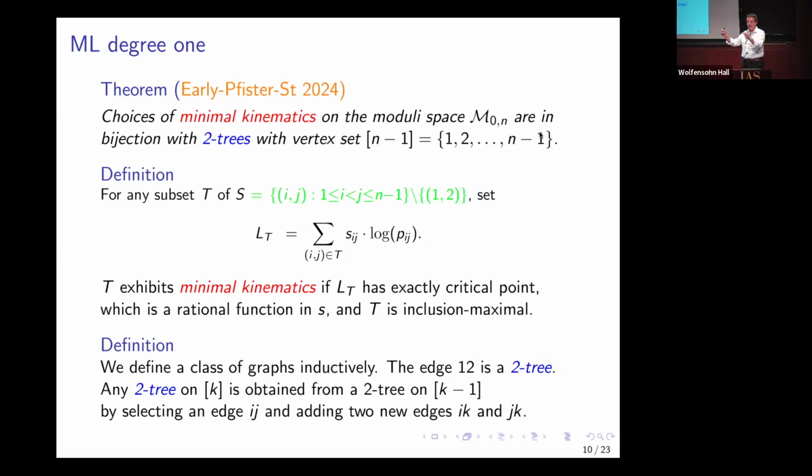You pick any edge ij from the smaller tree, and you connect the new vertex k to the two endpoints of the chosen edge. So you just throw in two new edges, ik and jk. Very simple definition. Inductively, you add two new edges at any given time.